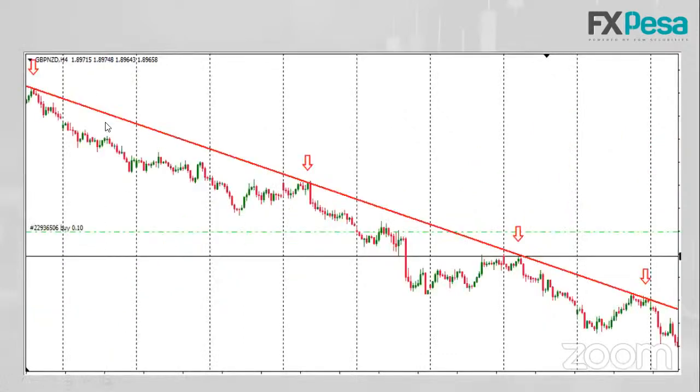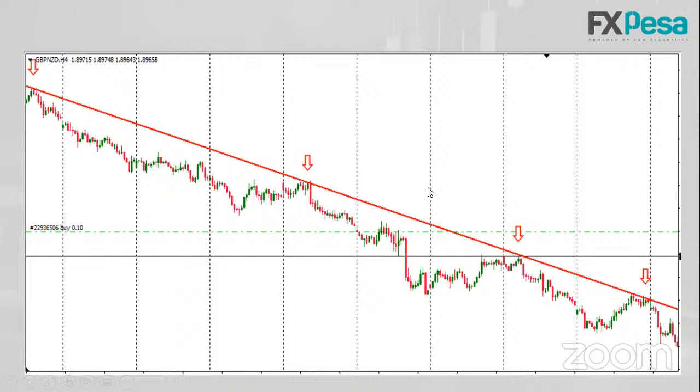Conversely, you might have a case where you can connect several peaks along a descending gradient. In this case, this line is referred to as a descending trend line. With such a structure, you'd want to sell once price pushes towards that trend line.